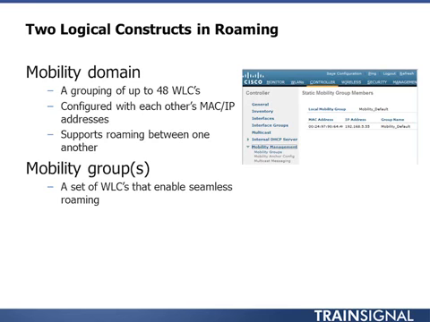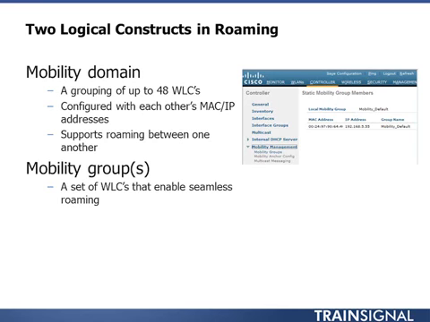And the difference between roaming within a mobility group and roaming between mobility groups within a mobility domain is when you roam between mobility groups within a mobility domain, you have to do a full authentication. And so you may want to separate out your wireless LAN controllers into different roaming mobility groups for security reasons.